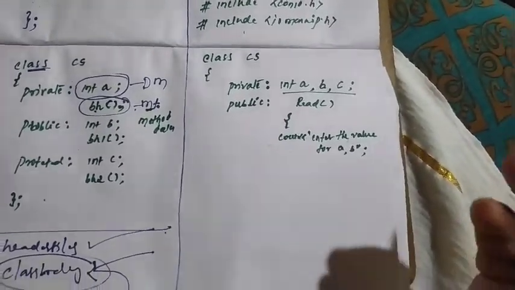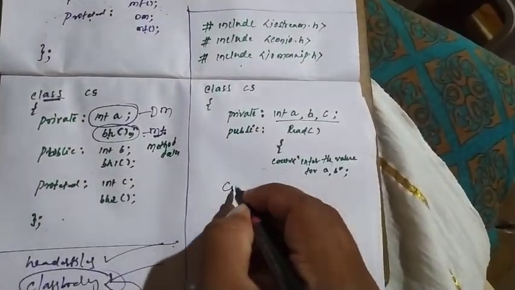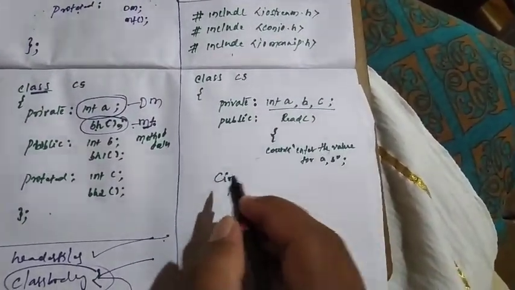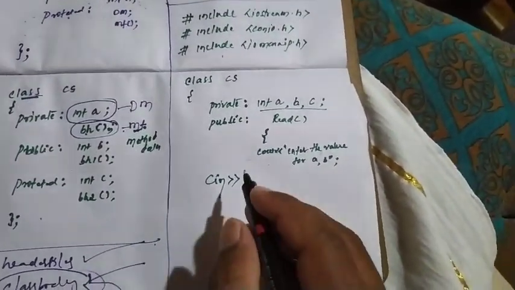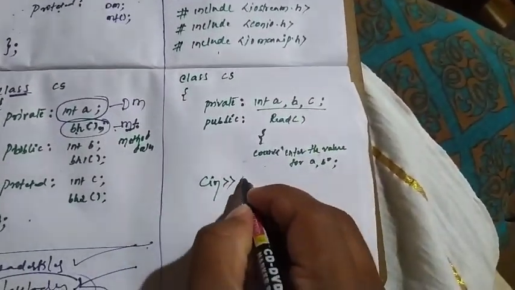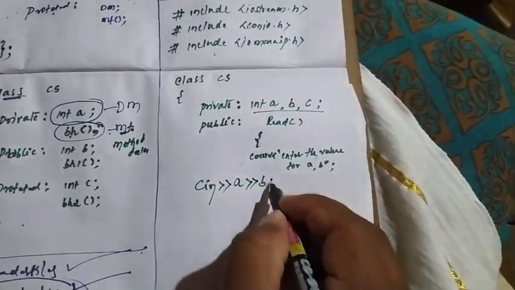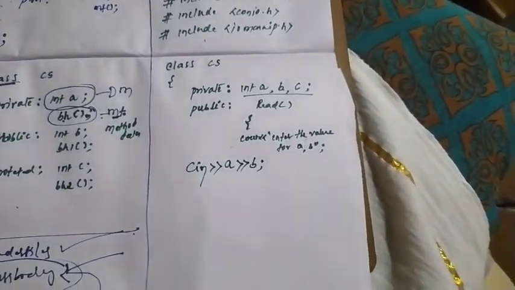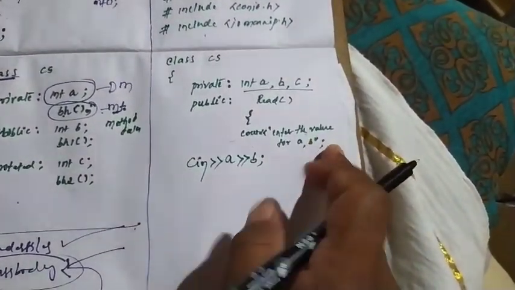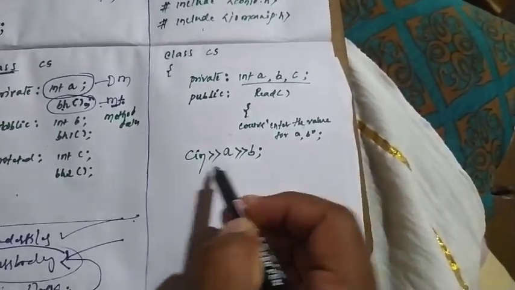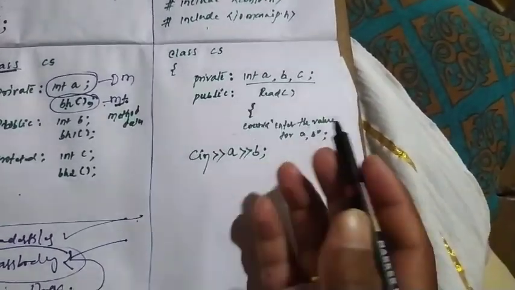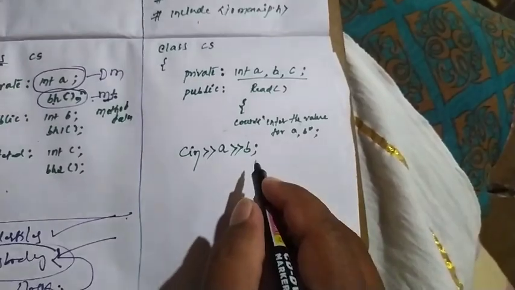After entering, the extraction is done with cin and the greater than symbol. The first value if we entered is the first variable, and the second value is b. First you have given the value, and second I am extracting those values with the help of this particular line. After extracting I need to write the logic, right?